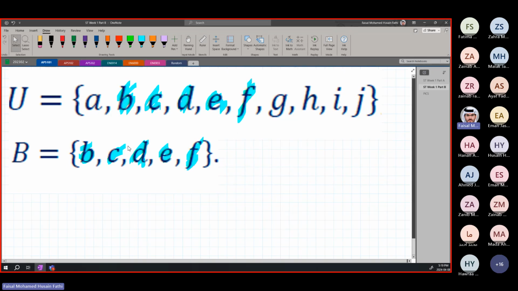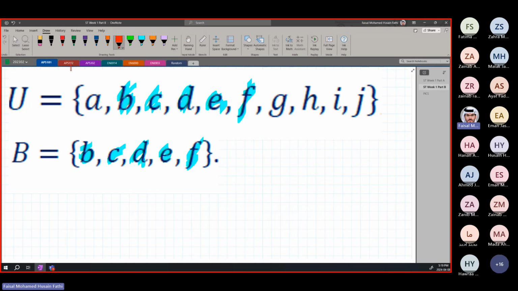Keep in mind, this has to be a proper subset of U. We cannot find the prime or inverse or complement without having one part be a subset of another part. So what will be remaining?